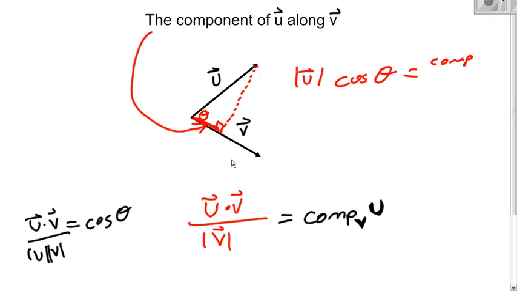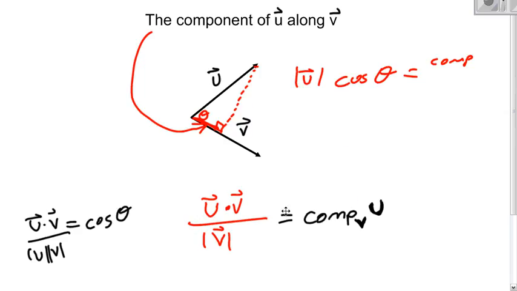But remember, that's just the magnitude. If we wanted to create a vector about that, we would still need the direction of v, because vectors have magnitude and direction. So if we take the component and we want to give it the direction of v as well, we would have to multiply.